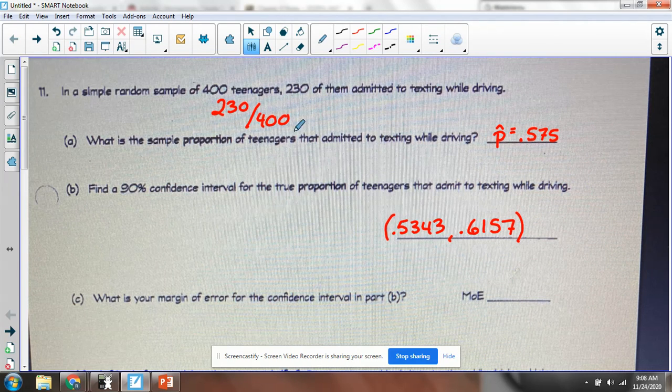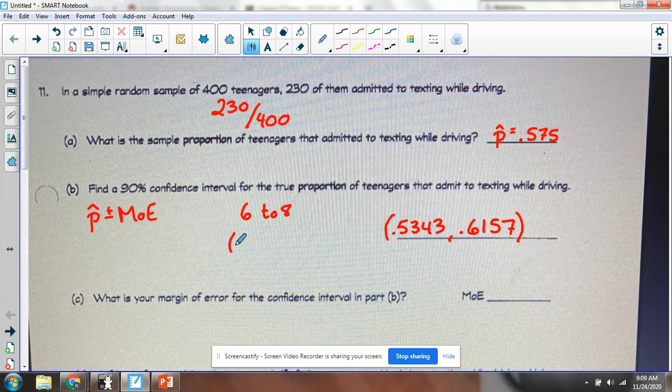Okay, you can write your interval in 3 different ways. You can write it as an actual interval. You can write it as the point estimate plus or minus the margin of error, so p hat plus or minus your margin of error. Like if I wanted to give you a range from 6 to 8, I can write that in 3 different ways.